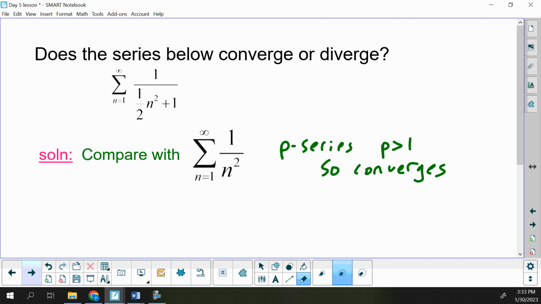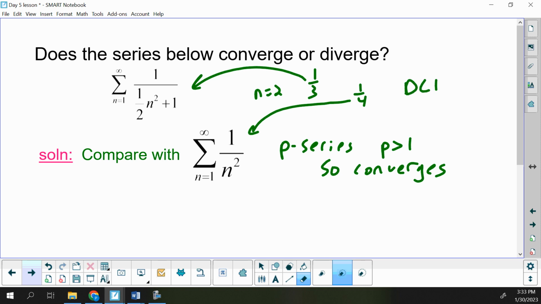And a problem with that is, for example, when n equals 2. In n equals 2, this original will be a third, but this one will be a fourth. So the original series is not always smaller than the nice series, so that means we can't do the direct comparison test. So we'll have to do limit comparison test here.